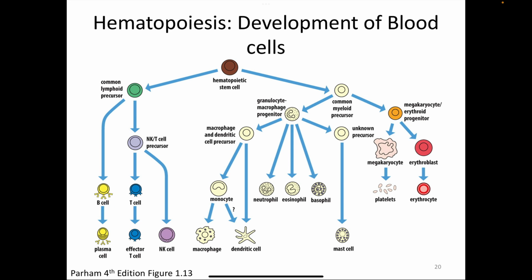And that cell could get signals that could either make it go down the lymphoid path or down the myeloid path, to become either a lymphocyte or a myeloid cell. And further signals can push the cell down many of these different paths. And you can see after that cell decides to be a lymphoid cell, it will make further decisions, some of which could involve becoming a B cell, which is really what we're thinking about here.